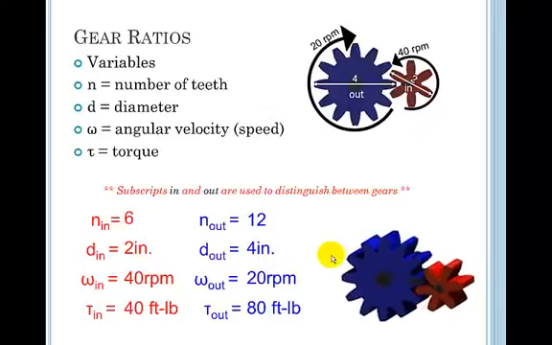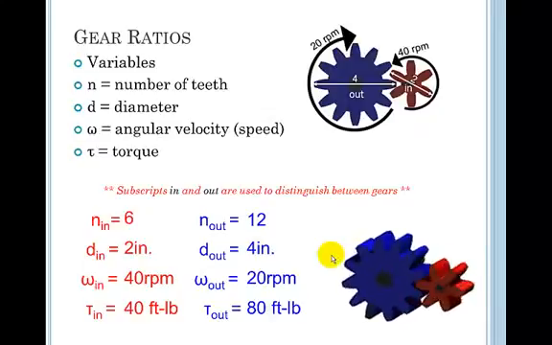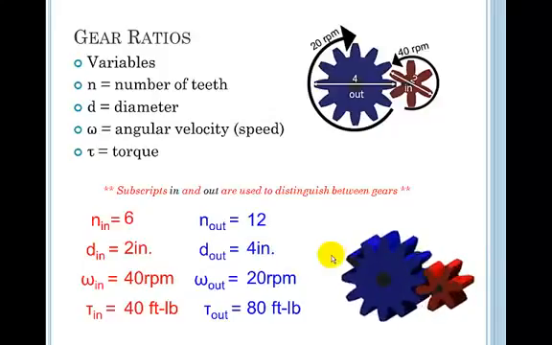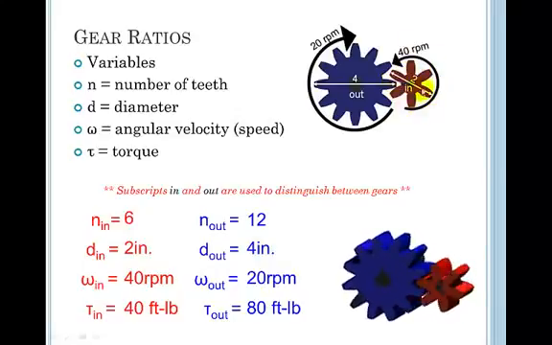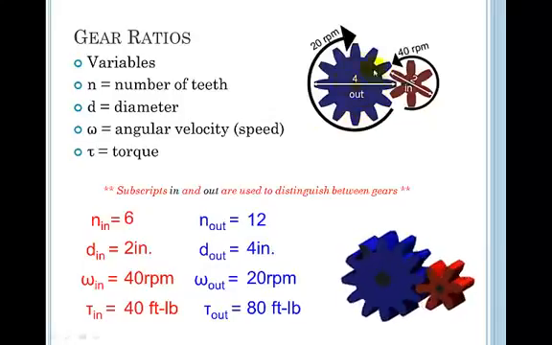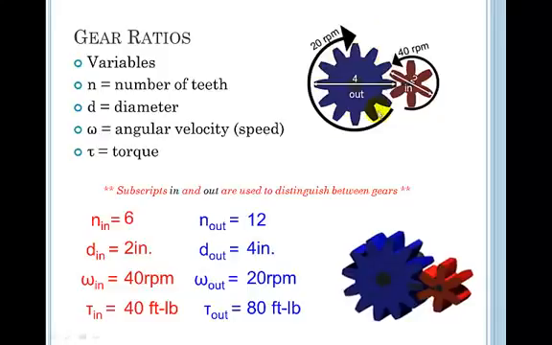Here you can see the number of input teeth is 6. On the output gear, it's 12. Look in the picture here. We're saying that this red one is the driver, blue is then the driven. And look how the rotations are in opposite directions.